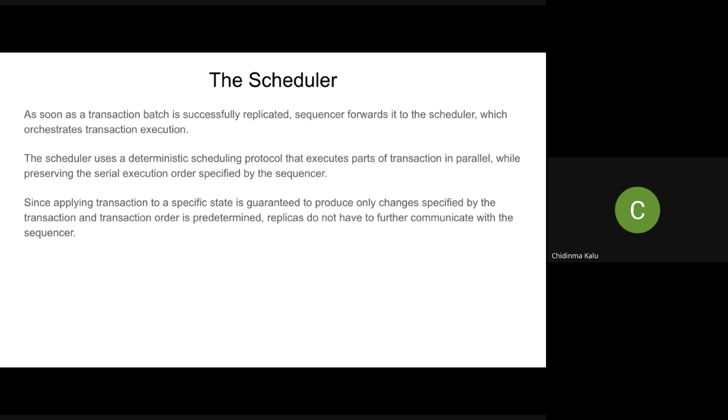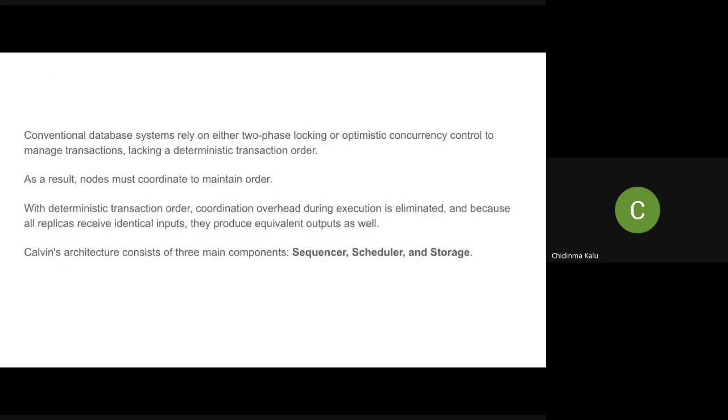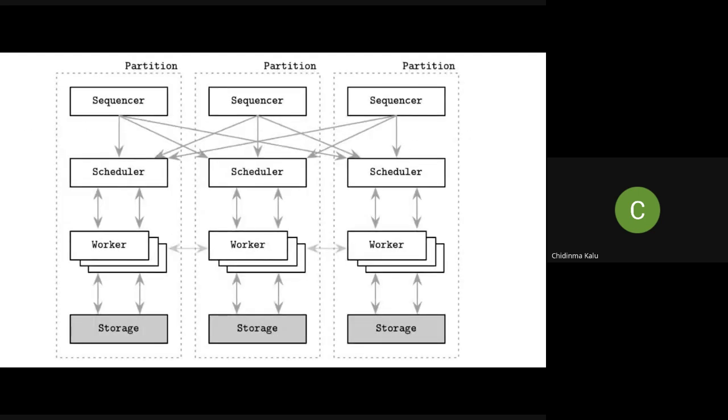The next phase is the scheduler. As soon as a transaction batch is successfully replicated, the sequencer forwards it to the scheduler. Let's go back to that diagram. You see after the sequencer, it goes to the scheduler.